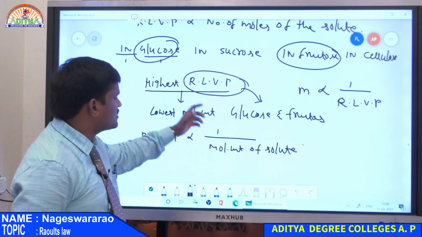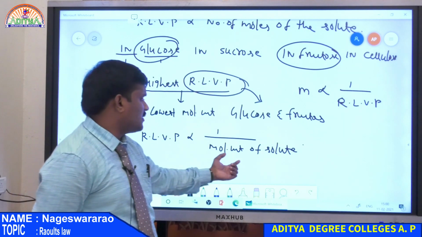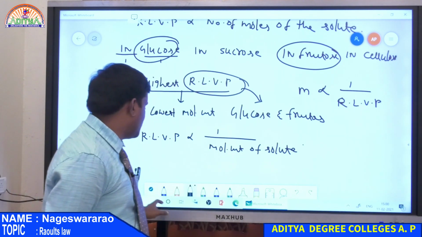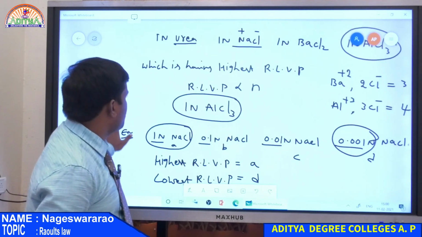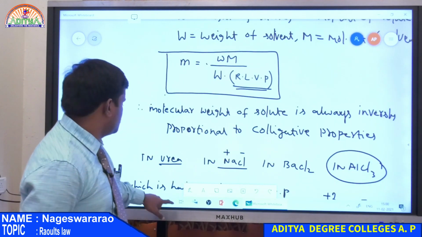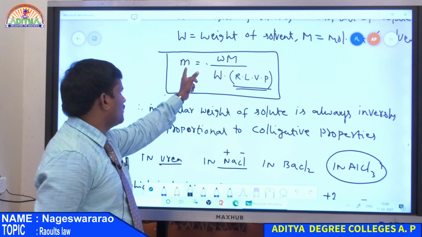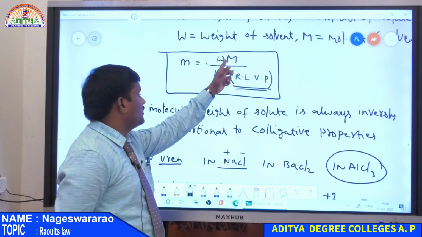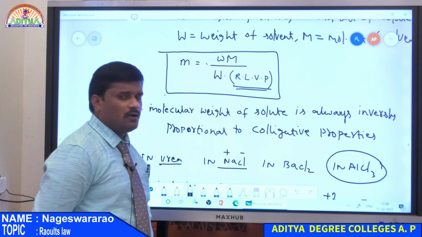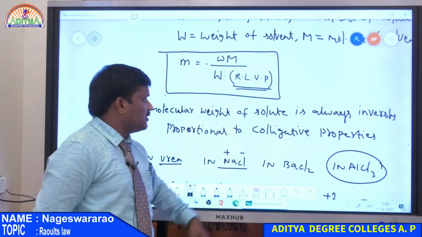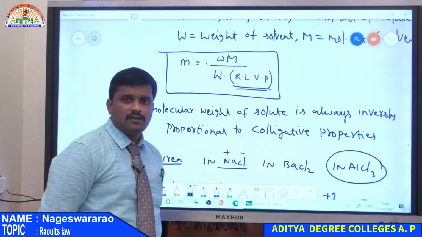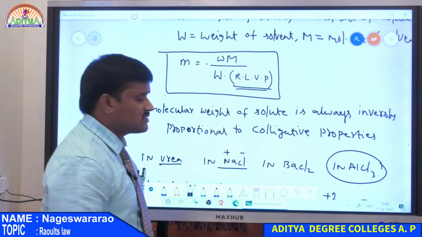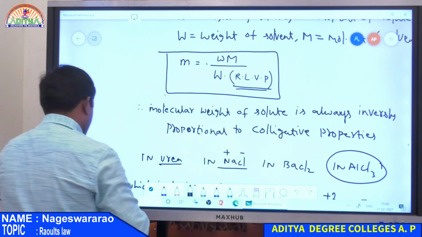From this equation we derive the molecular weight of the solute: it is given by small w into capital M by capital M into RLVP. So by knowing the value of RLVP we can determine the molecular weight of the solute. This is all about the first colligative property.